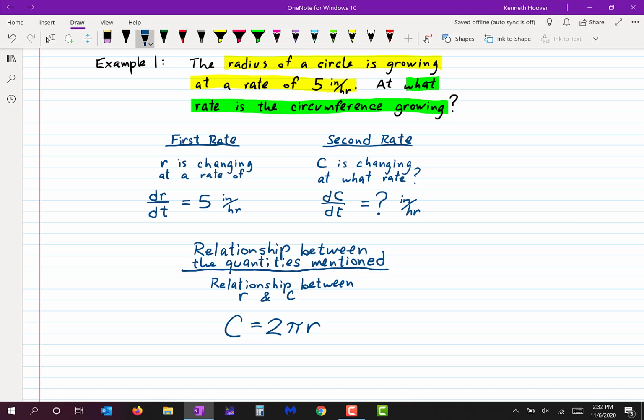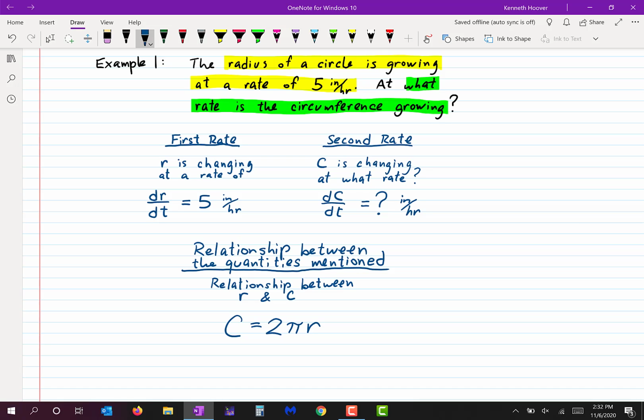But the question I have is, when I say derivative, with respect to what? Like, for instance, on the left-hand side I have 2 pi r. Is the derivative of that 2 pi?